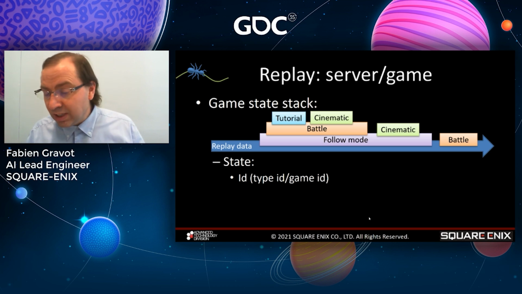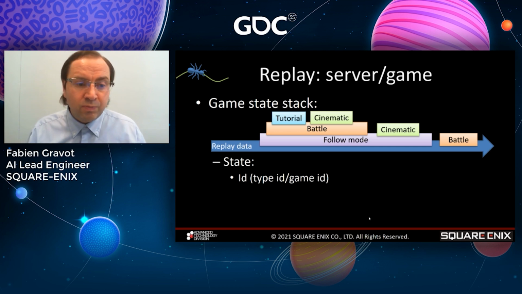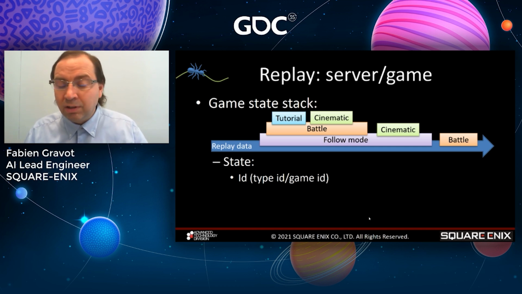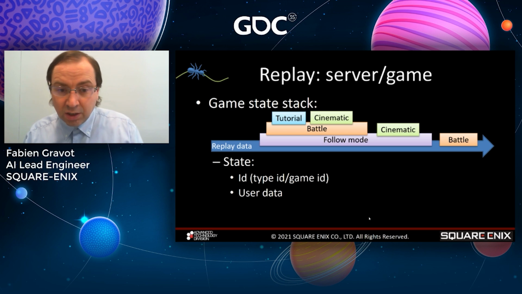This is the game-specific code that will specify those values. So game ID is generally a fixed ID for battle or cinematics. Maybe each one has a different name and so on, something like that. We can also store user data that will come back when we are doing replay.